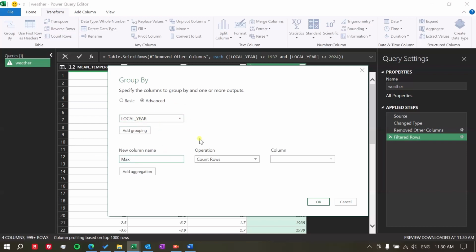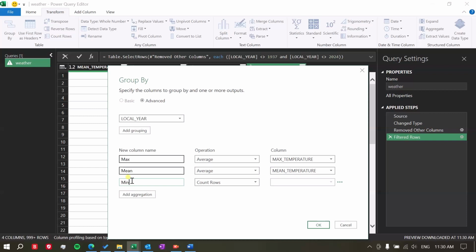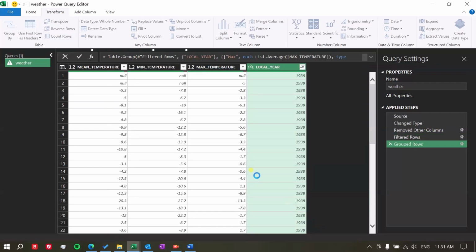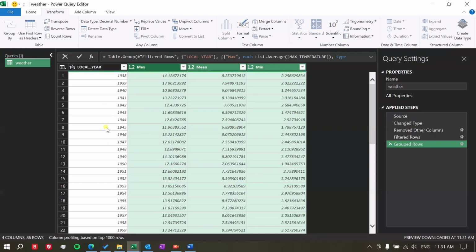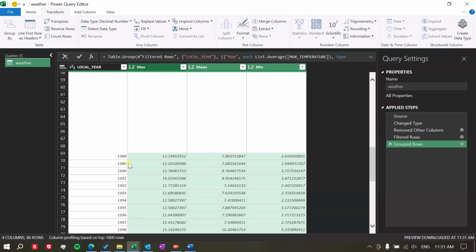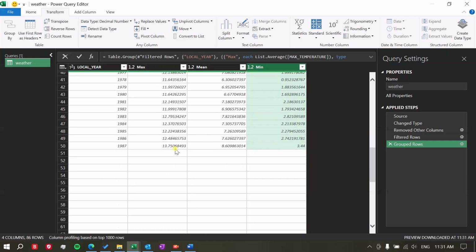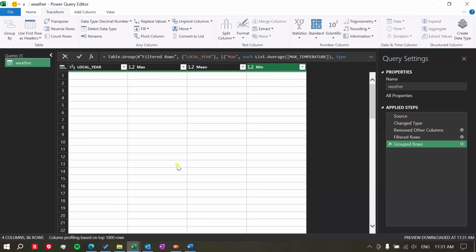Then we're going to create 3 different columns that take the average of each of our different measures: one for the max, one for the mean, and one for the min. Now you can see that we have only 1 row per year for each of the 86 years, and we have the average of each of these measures in that year. That's going to allow us to see how this might have changed through time.